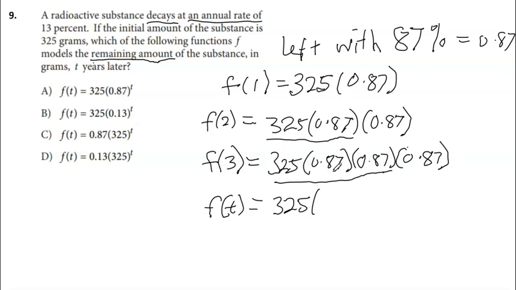Remember, this is the third year: we see this appearing 3 times. Second year, it appeared 2 times. First year, it appeared only 1 time. So A happens to be our answer.